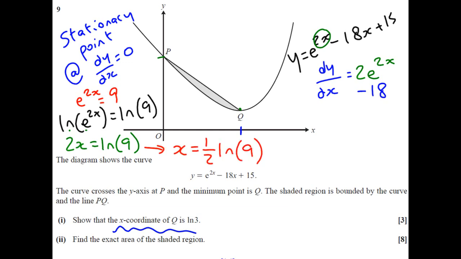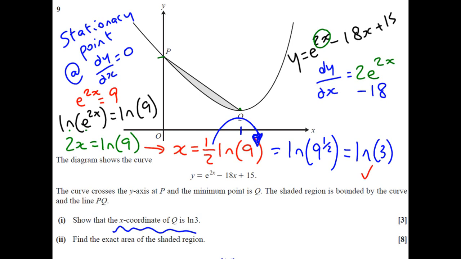You now use your log laws to bring the half up as a power of the 9, or 9 to the power of a half, shall I say. So that's going to be ln 9 to the half. Half is square root, so we've shown it is ln 3, like we wanted to.